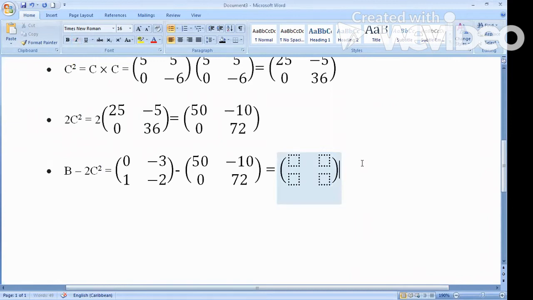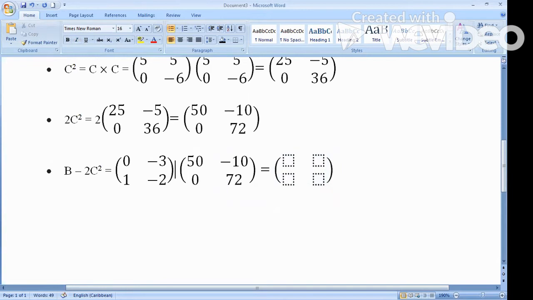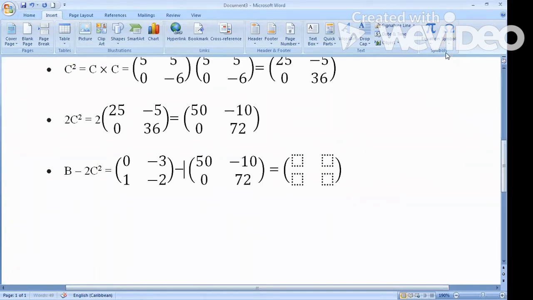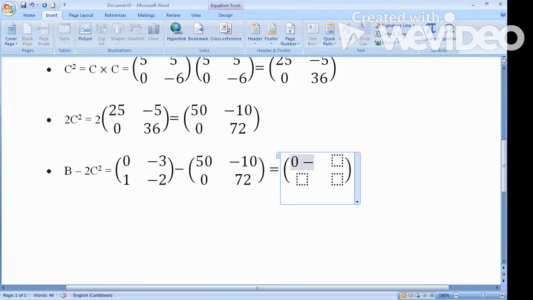How do we subtract matrices? Anybody remembers? Entry by corresponding entry. All right. So this is going to be 0 subtract 50.